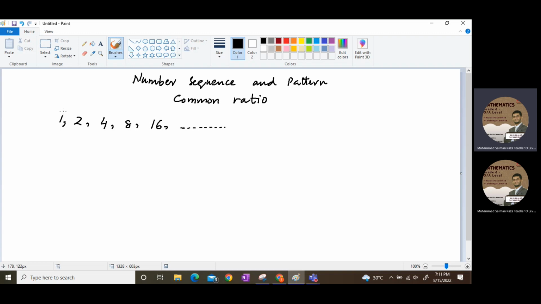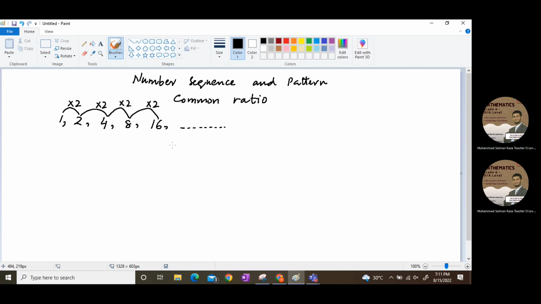It becomes very easy: 1 multiplied by 2 becomes 2, 2 multiplied by 2 becomes 4, then 4 multiplied by 2 becomes 8, and 8 multiplied by 2 becomes 16. So this type of question is known as common ratio, where a certain number is multiplied and you get the ratio like this.